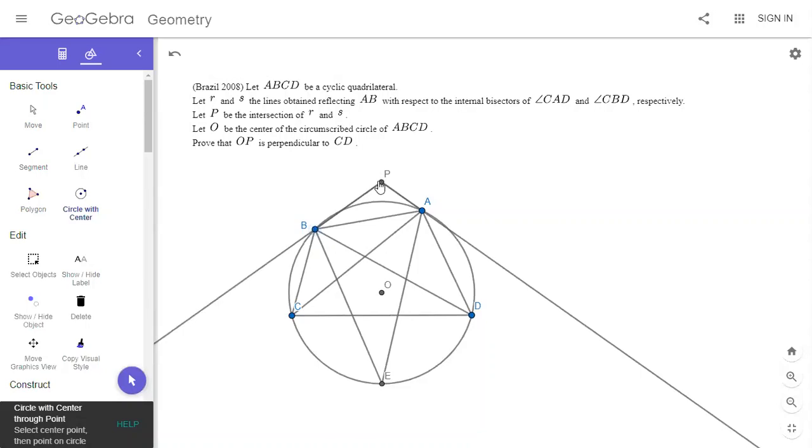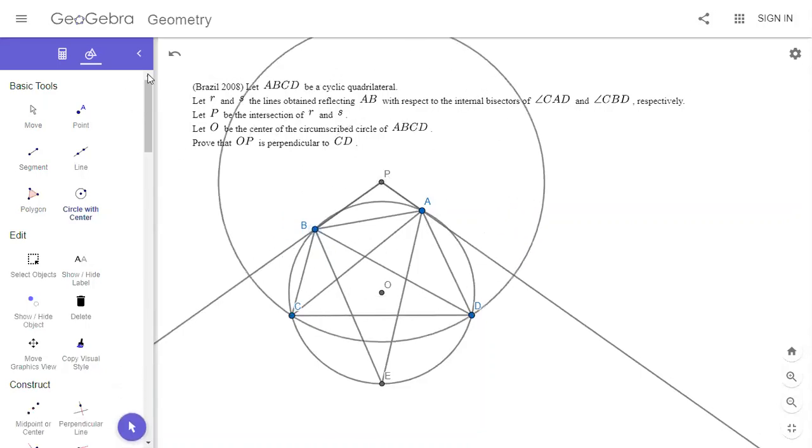Yeah. If PC equals PD, then we know OP is perpendicular to CD. Are there any congruent triangles? I don't see any obviously congruent triangles.